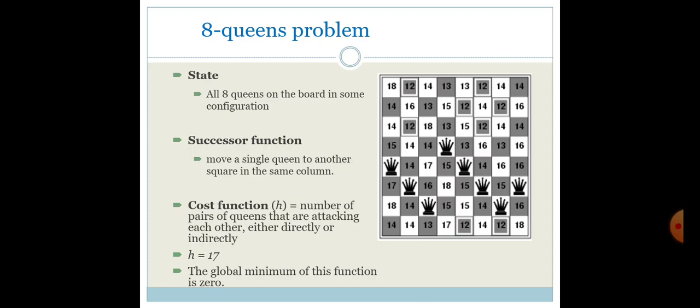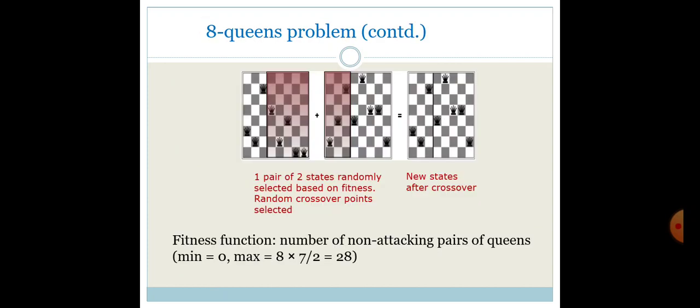For this particular state, the h value is calculated as 17, and our aim is to reach the global minima, that is, the h value should become 0. Now we can have a look at how crossover can be implemented in this 8 queens problem.